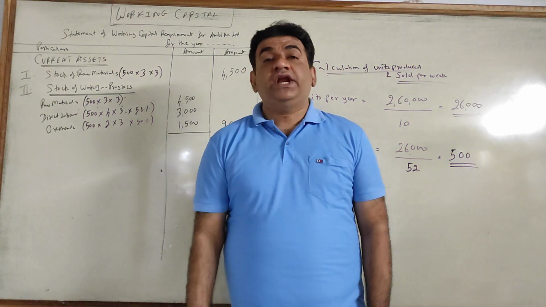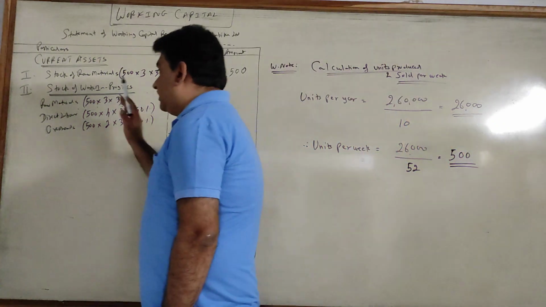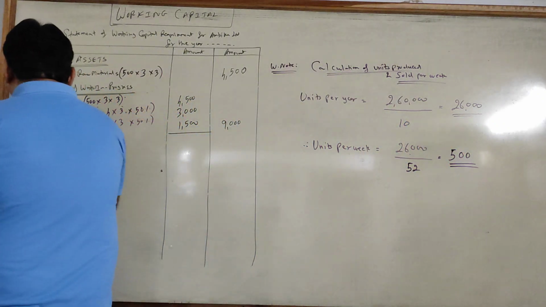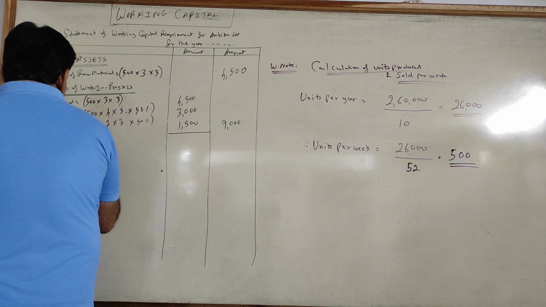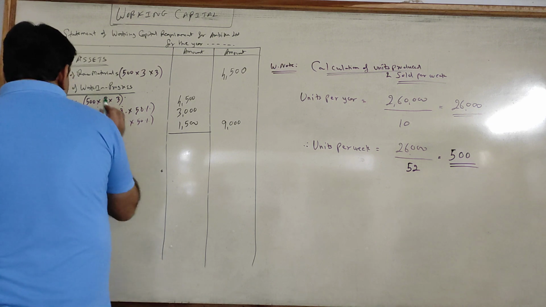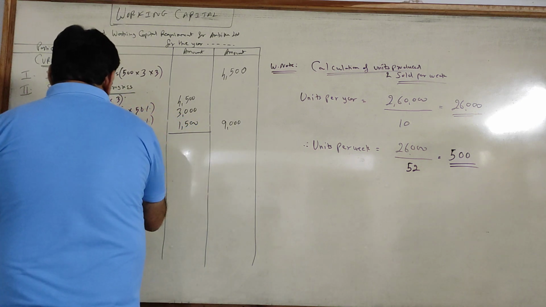Coming to the next thing, what I told you, three major types of stock: material, WIP and finished goods. That is the main goods which you are going to sell. So my next calculation will be stock of finished goods.